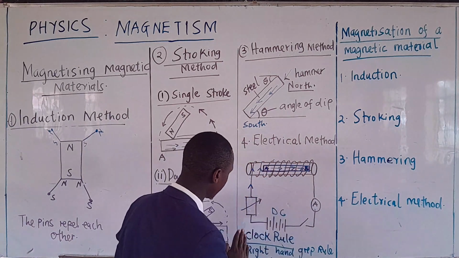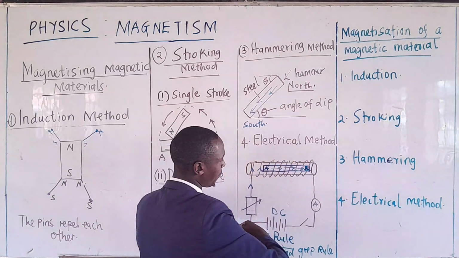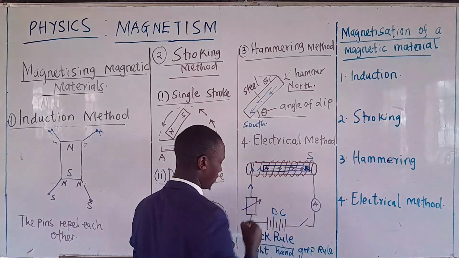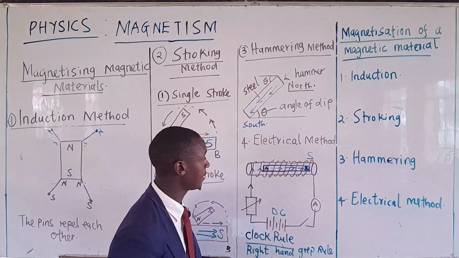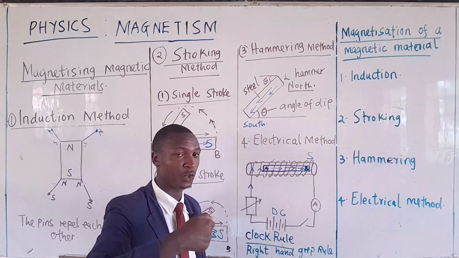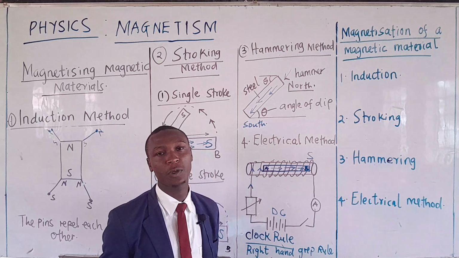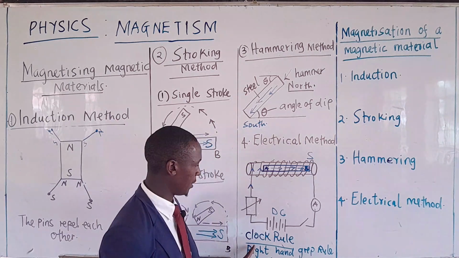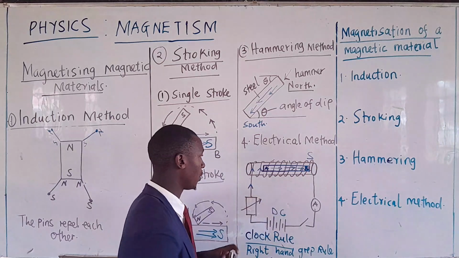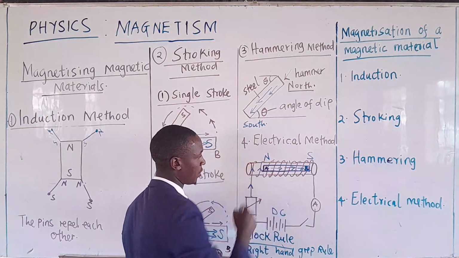I can see the current is moving in this direction. This is the clockwise direction, and therefore this end is going to be the south. If it is in the anti-clockwise direction, that end is going to be a north. Therefore, this end is a north, and this is a south.